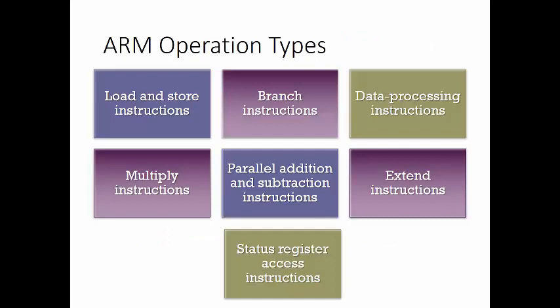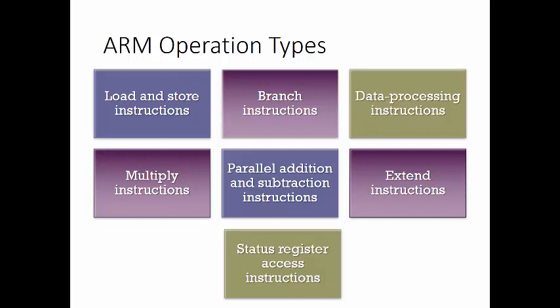ARM operation types: load and store instructions, branch instructions, data processing instructions, multiply instructions, and parallel addition and subtraction operations. In addition to the normal data processing and multiply instructions, there are a set of parallel addition and subtraction instructions in which portions of two operands are operated on in parallel.